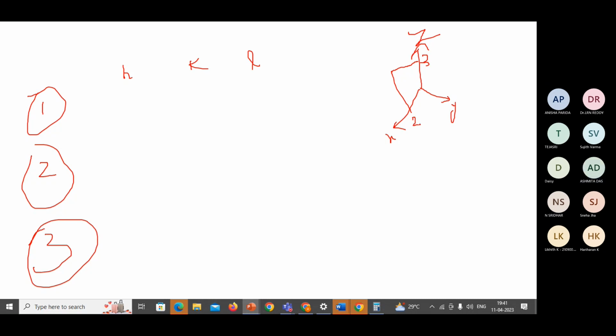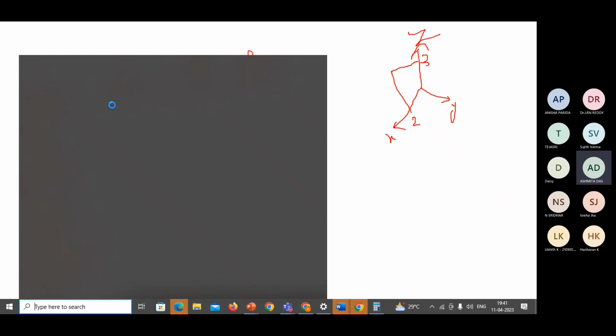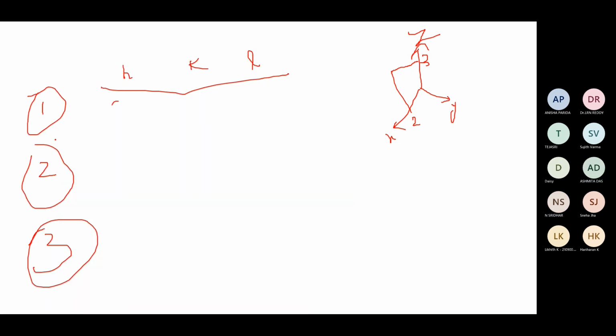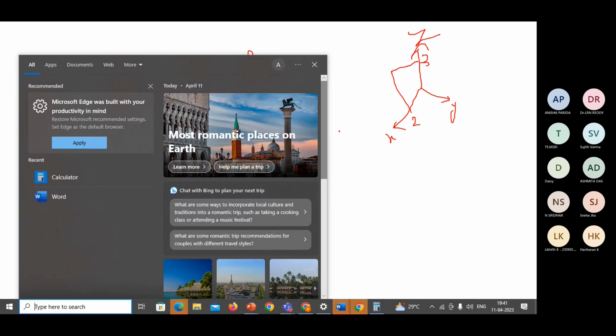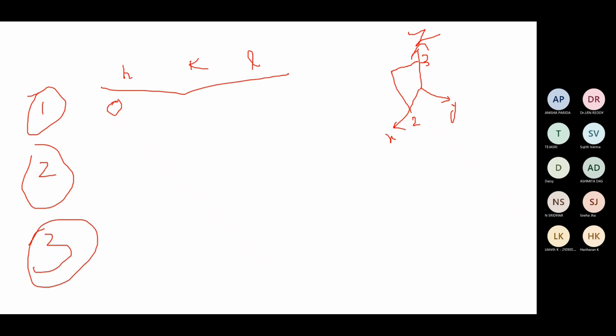Okay. So in the first step, it's supposed to be A equals to, B equals to, and C equals to.